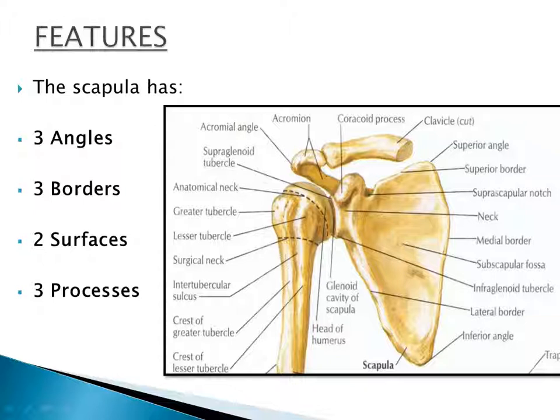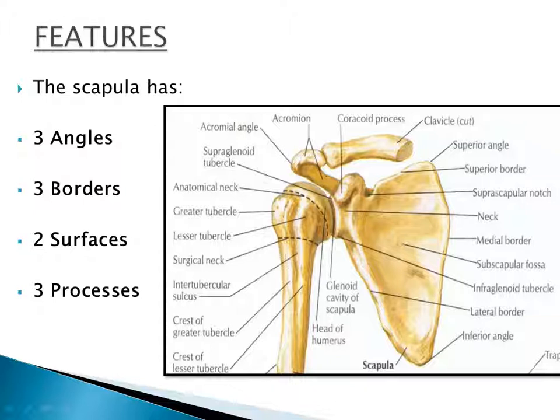The scapula, as we said, it is triangular, so it has three borders: a superior border, a lateral border, and a medial border. It has two surfaces, anterior surface and a posterior surface. It has three processes: coracoid process, a thumb-like projection just above the lateral angle is called as coracoid process.